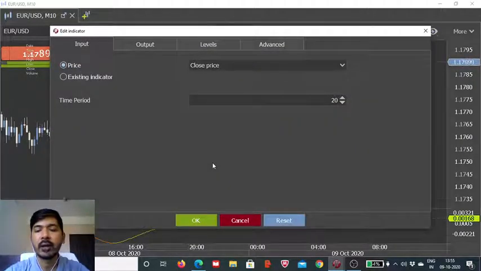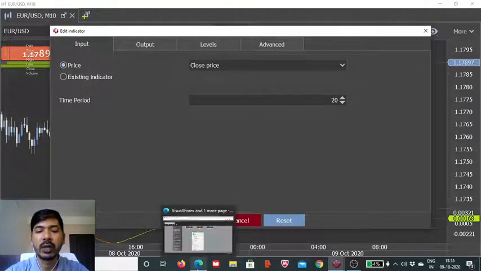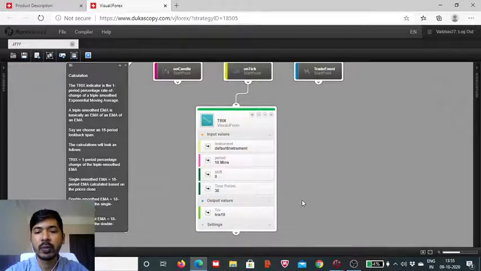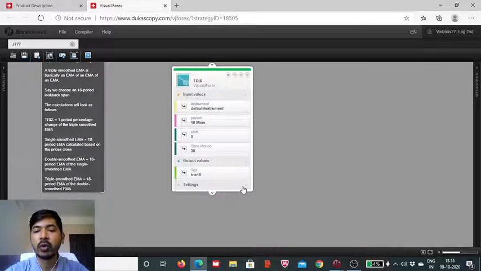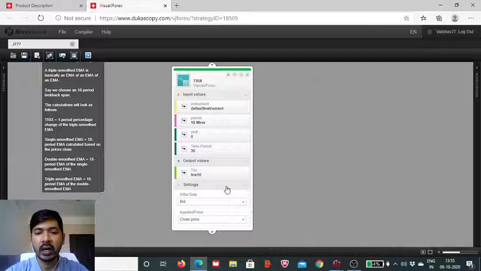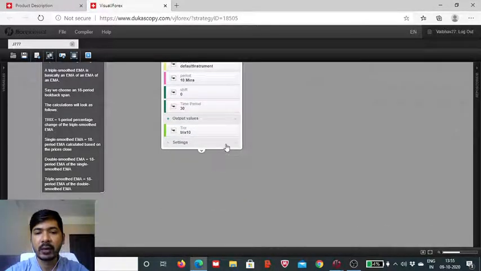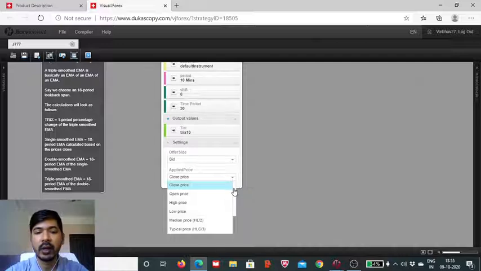And then coming to the applied price, here you can choose different applied prices. Now the calculation is being done on the closing basis, but if you want to take into consideration a different applied price, then the calculation will be done accordingly. So you have these options listed here: close price, open price, high price, low price, median price, typical price.